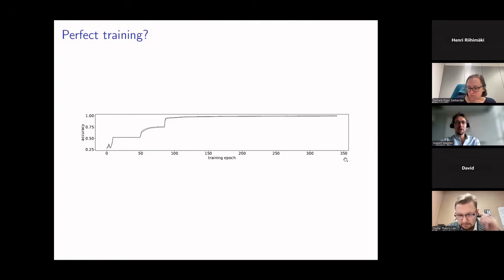It takes quite many epochs. So the model had to go through the entire training data set more than 300 times. But in the end, it really converged and got very close to 100% accuracy, both on the training and test data. So it looks like a perfect training.